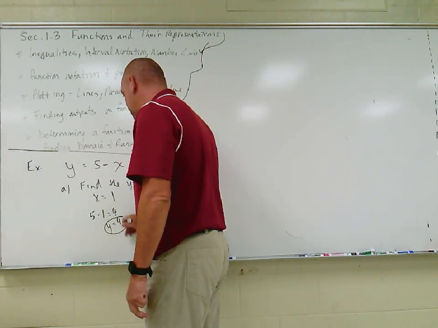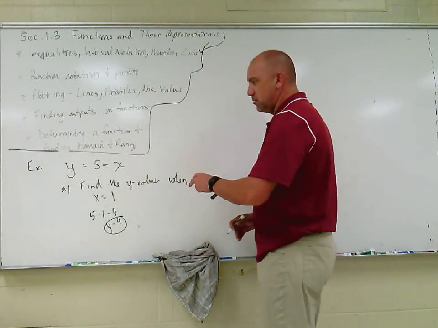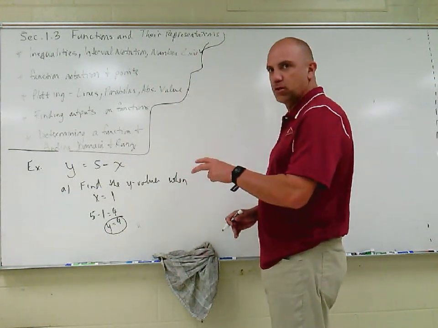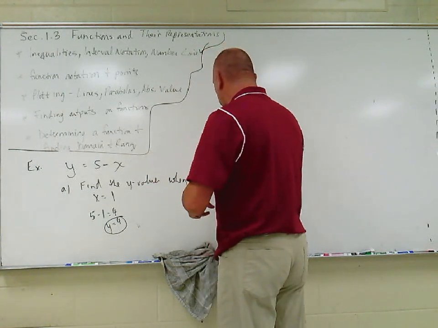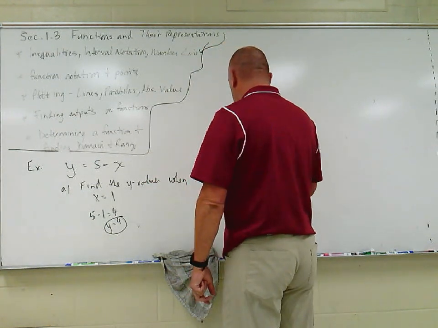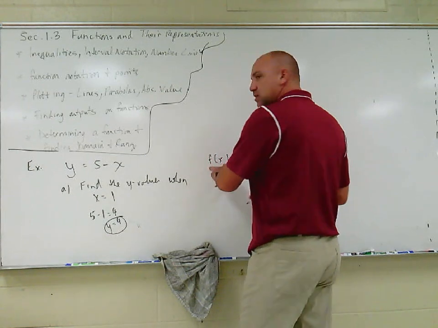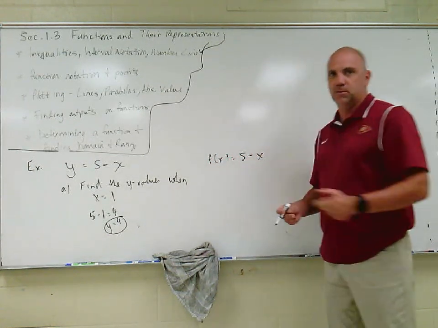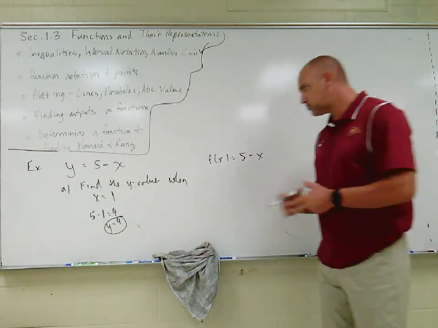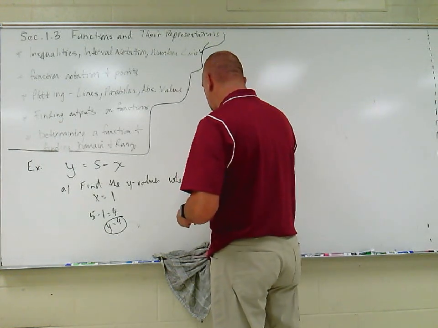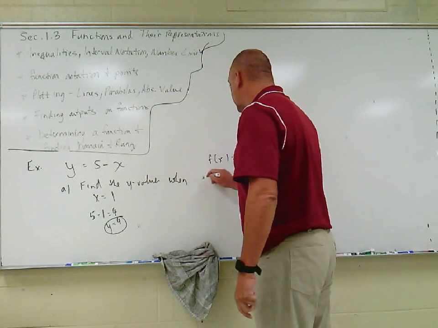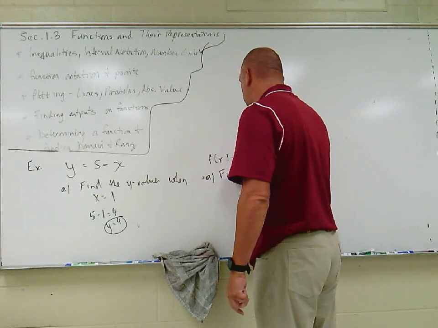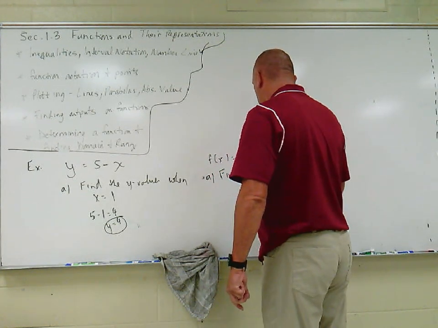So there's the answer. Well, we have a different way to ask this question that's a little bit simpler. So instead of calling this y equals, I'm going to say f of x is 5 minus x. So now what I'm using is what's called function notation. You're going to say, well, what's the point of this? Well, I'm going to ask the same question here as I did on part A, but I'm going to ask it like this: find f of 1.